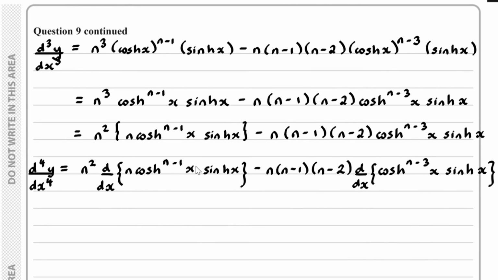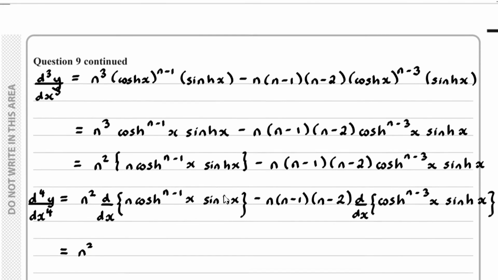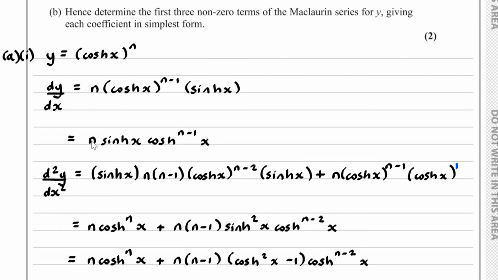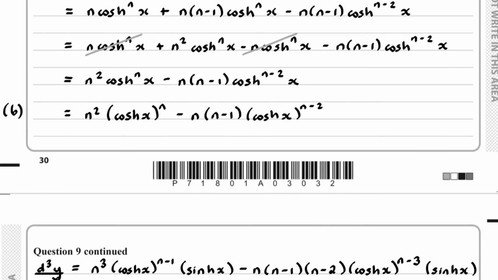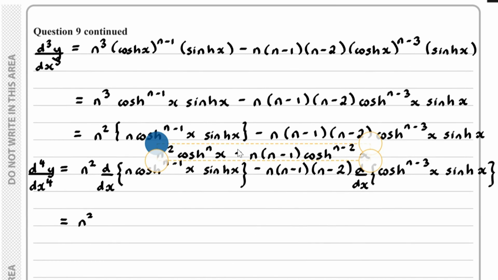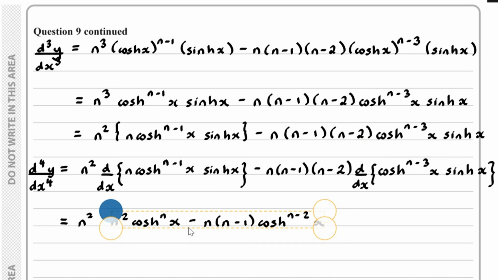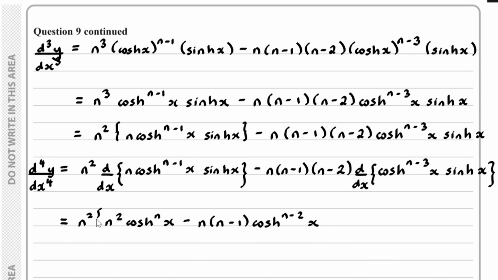So if I differentiate n times cosh to the n minus 1 x times sin x, well, I've already worked out what that is. I differentiated that here, and when I differentiated, what I should end up with is this over here. So that is the result of differentiating this over here.